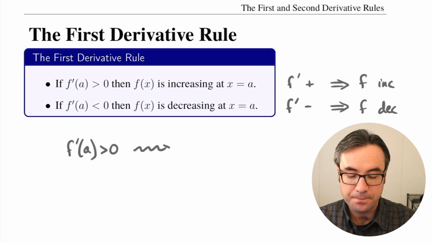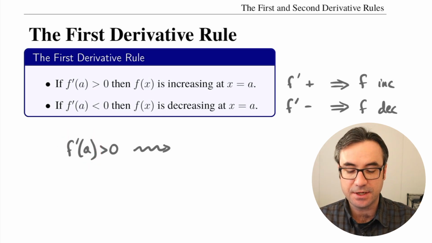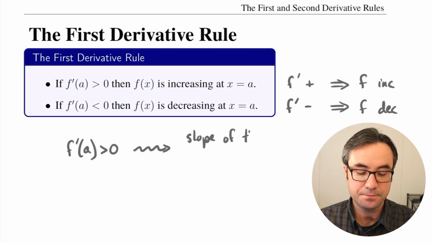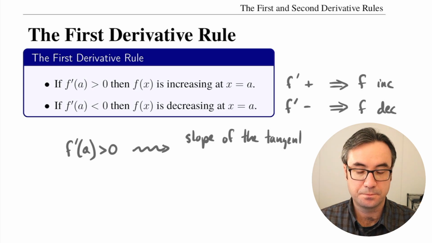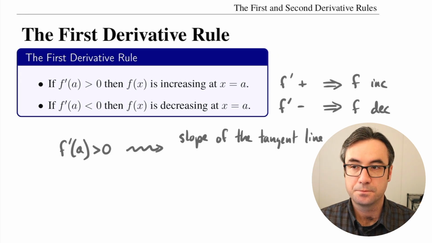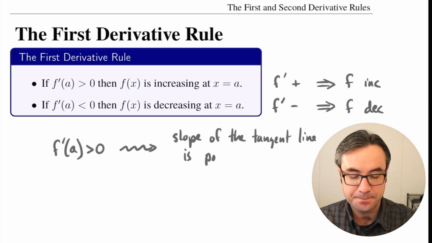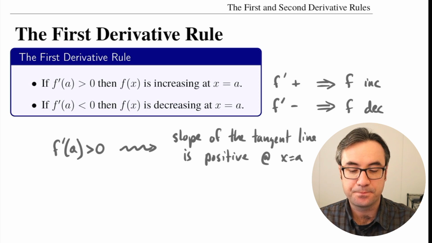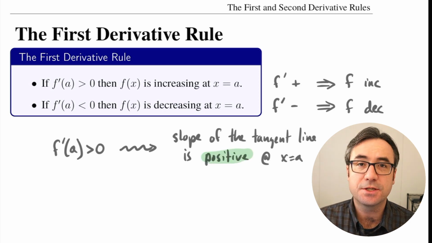Well, we remember what this derivative value represents. This tells us that the slope of the tangent line is positive at this location, at x equals a. And so the fact that our slope is positive tells us our graph has a very specific shape.